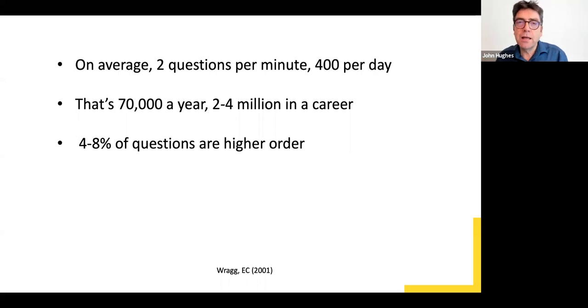There are things like, how are you? Did you do your homework? Can you sit there? Can you open your books? Now, a lot of that's classroom management, which is fine, but creative thinking cannot happen if we're not asking the right questions. And if only maybe 4 to 8% of the questions are higher order, there's no opportunity for the students to be creative.